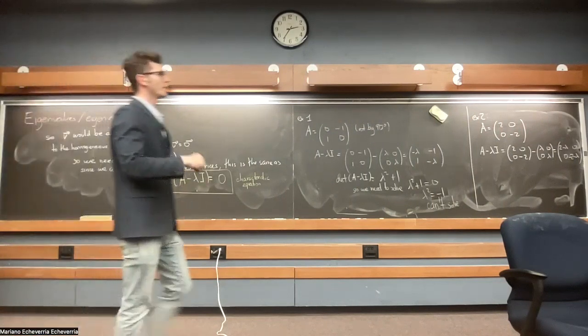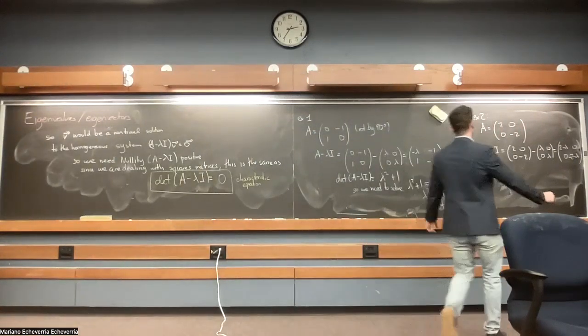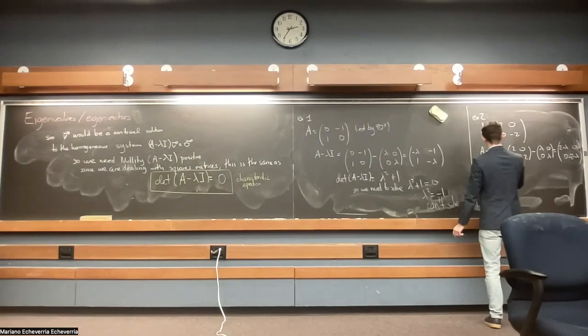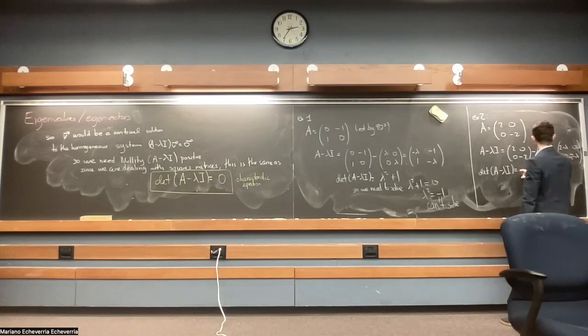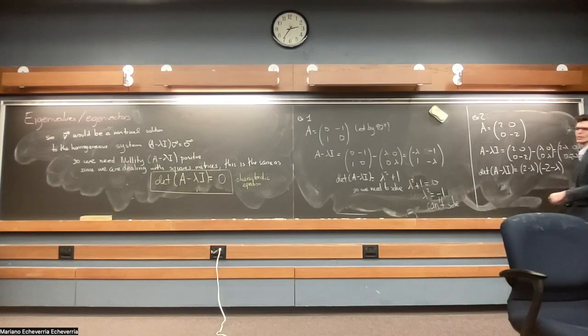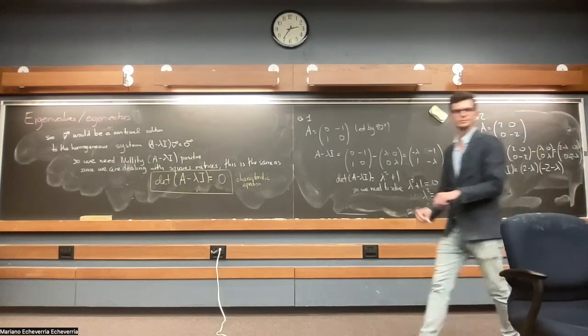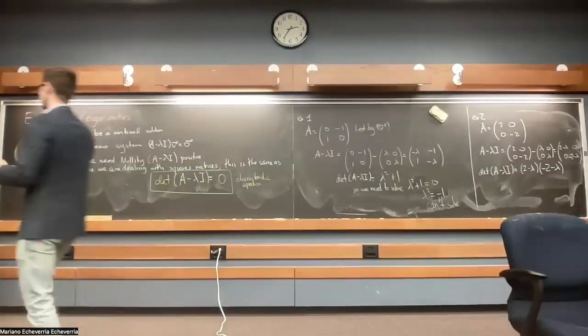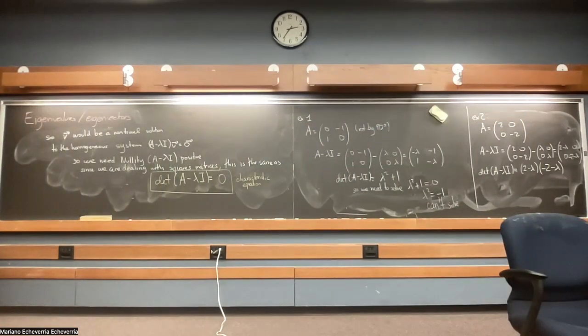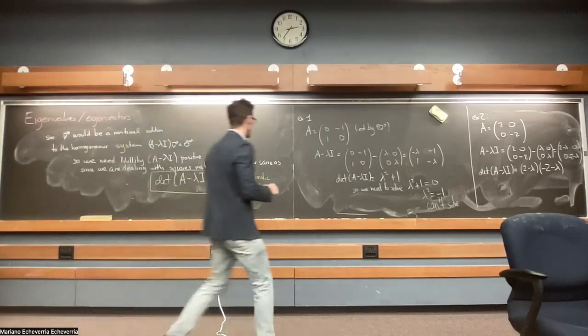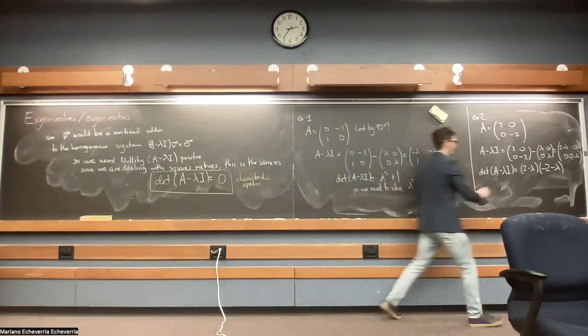So again, you take the determinant of that, and this determinant is kind of easy. And then I'm asking, when does this become zero? The characteristic equation is asking you to set this equal to zero.